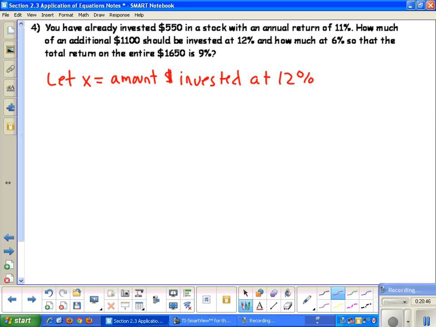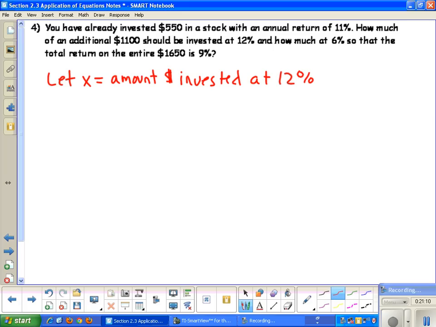So if x is the amount invested at 12%, then let's think about what we're doing again. We have already invested $550 into a stock with a return of 11%. So how much of an additional $1,100 should be invested at 12% and 6%? So we're adding all of these together, and we want the total to be equal to 9% of 1650.